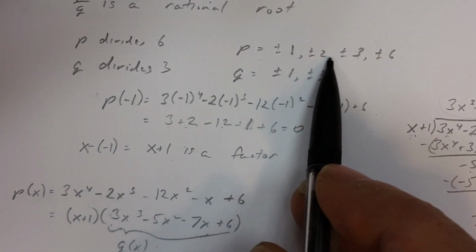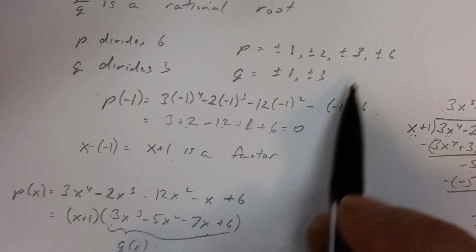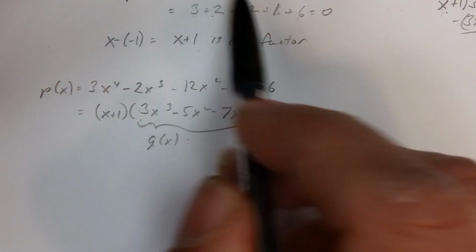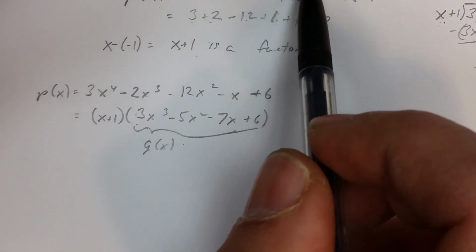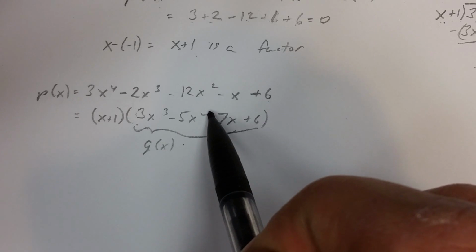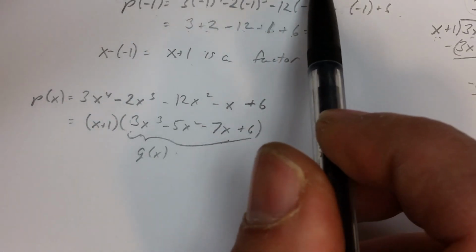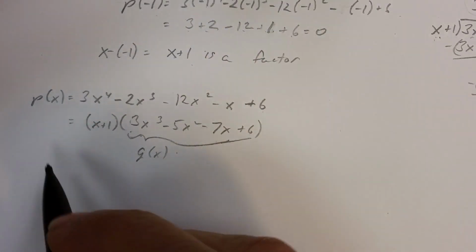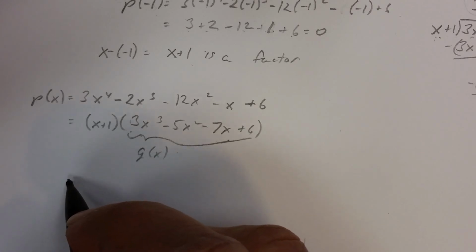Basically, we have exactly the same choices we had up here. So we can start trying values. 1 doesn't work. Minus 1 doesn't work this time. We can go through a variety of values, but we'll eventually hit on p over q equals 2/3.